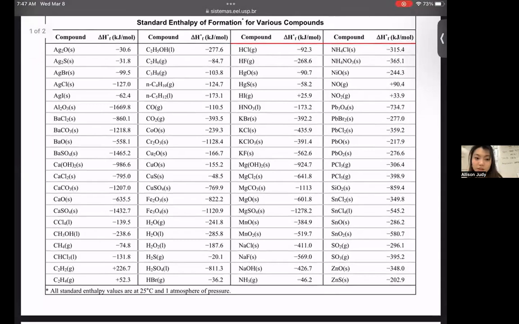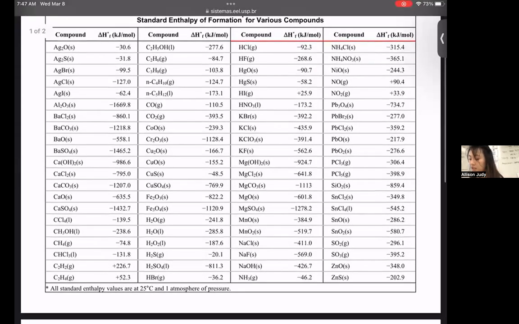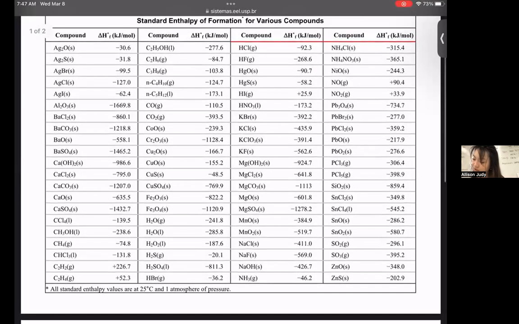And for sulfur dioxide, I see it is negative 296.1. Other tables give 0.8, depending on what book you use. So you will see even with tabular data, there's a little bit of discrepancy at times, but for the most part, pretty similar.